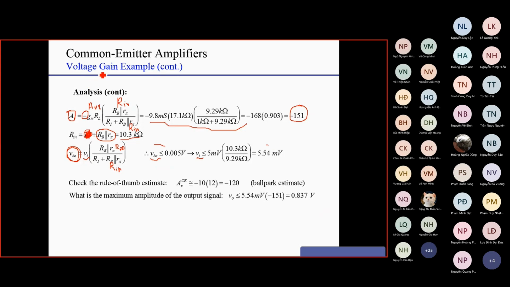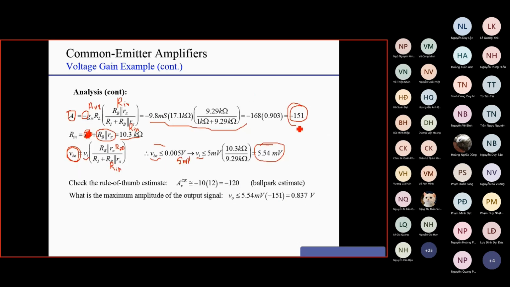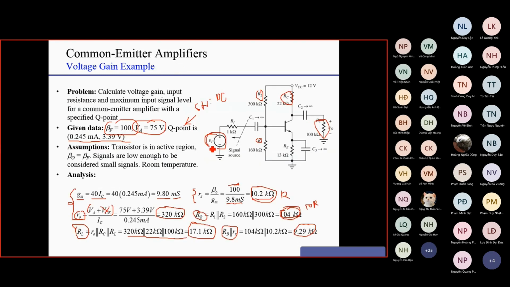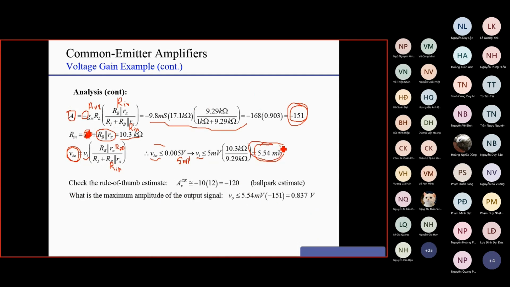For the condition of small signal, VBE must be less than 5 millivolt. That means VI must be less than 5.5 millivolt. So this circuit works only in the small signal mode. All the parameters that we have calculated here are valid only if the input signal satisfies the small signal condition, that means it must be less than 5.54 millivolt.